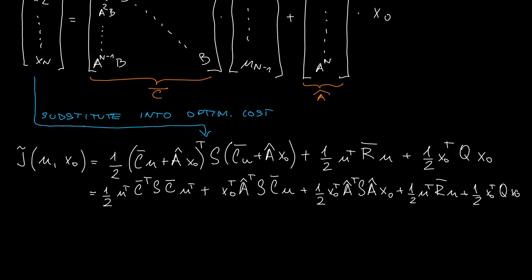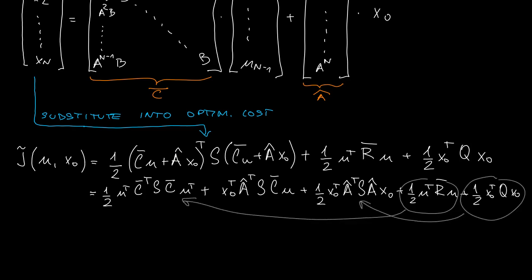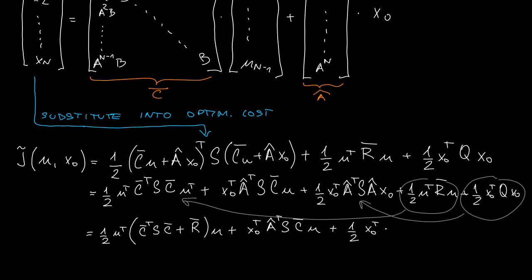Alright, so now I can combine the terms that are related, so all the quadratic terms in u and quadratic terms in x0. So let's do it now. Now this is the term that is linear in u, and finally the term that is quadratic in the initial state.